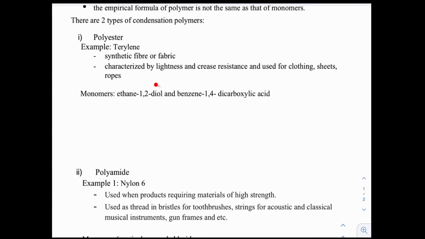So now let us draw them out one by one. First of all, we are going to draw ethane-1,2-diol, and it will look like this. Since ethane is 2 carbons, 1,2-diol means the first and the second carbon have the alcohol, and the rest of it is the hydrogens bonded to the carbon.